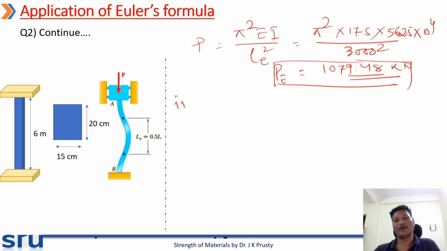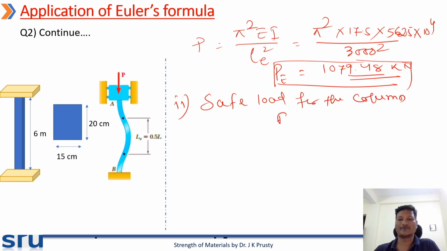So the second part, what is it asked? It is asking to determine the safe load for the column. Here the factor of safety is given 3.